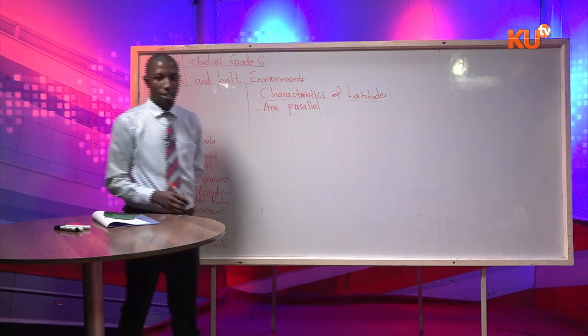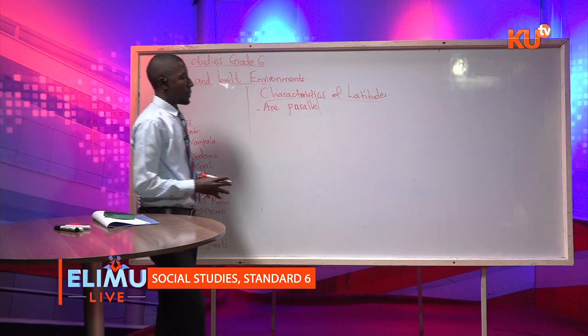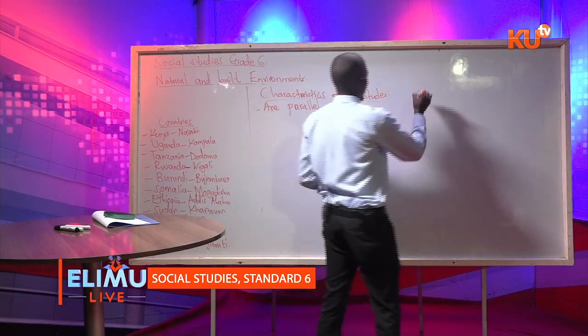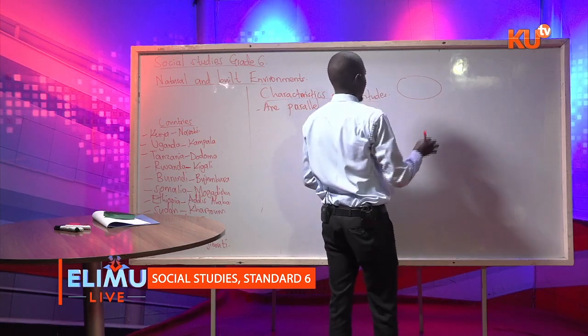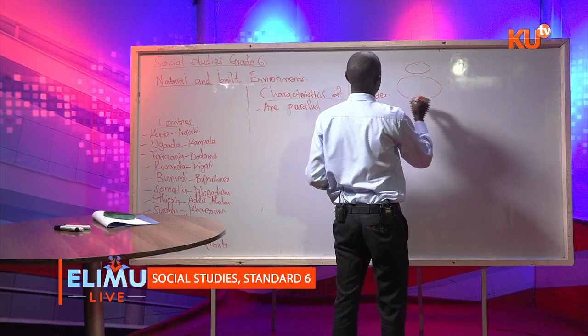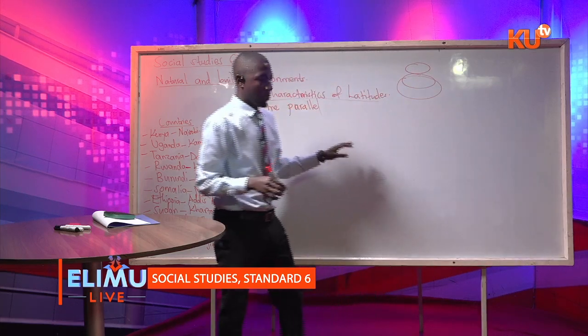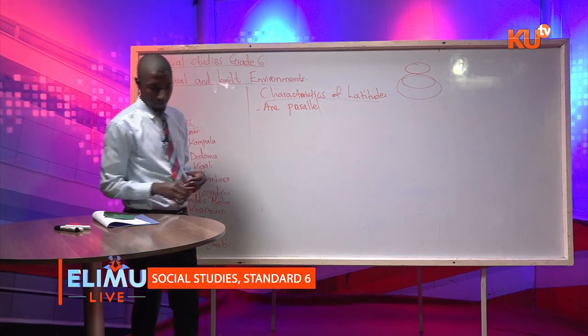They don't meet at any point because you saw the equator runs like that, then the Arctic like that, the tropic, like that, so they don't meet anywhere. They are parallel.